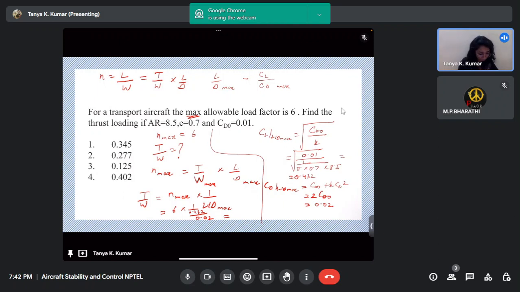I'm getting 0.277. Right, so this is the right answer. I hope this was clear.